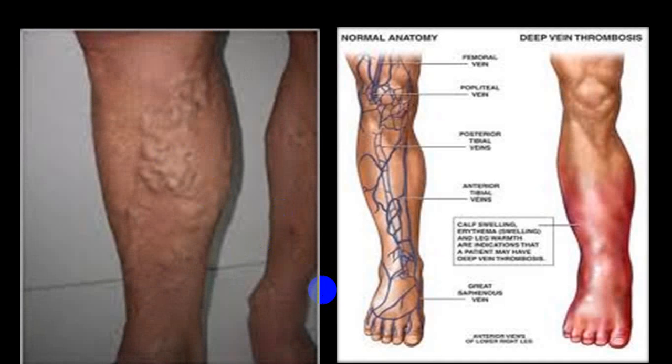Classical varicose vein, which will be dilatation of the superficial venous system, and this is secondary to venous thrombosis. You can have edema and ischemic changes.